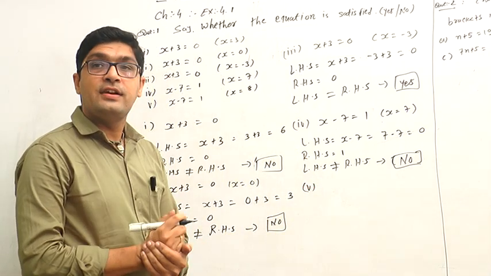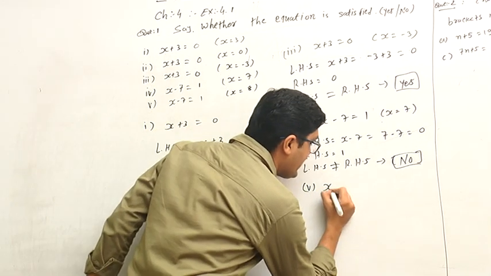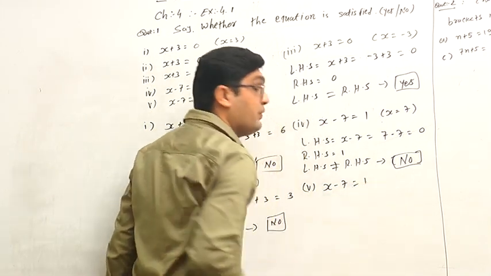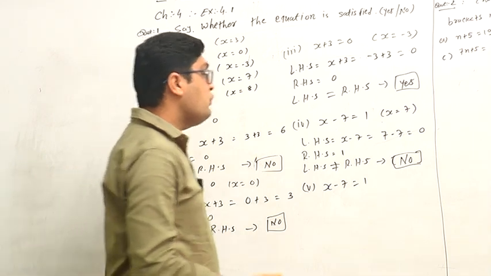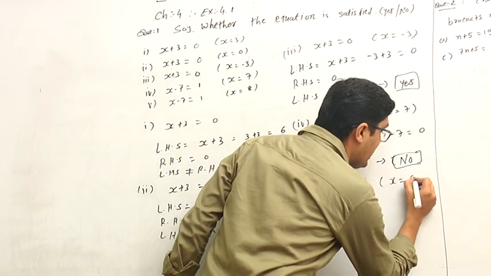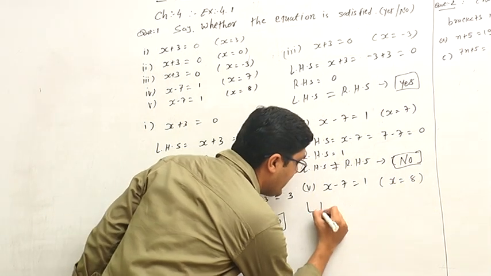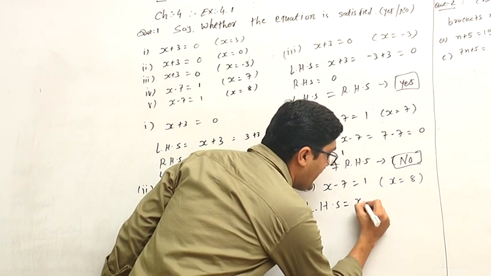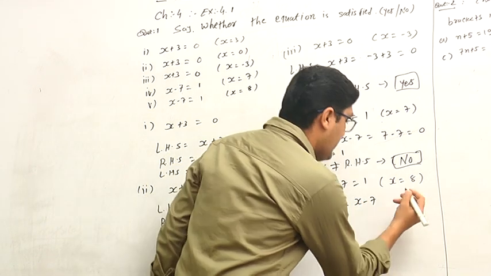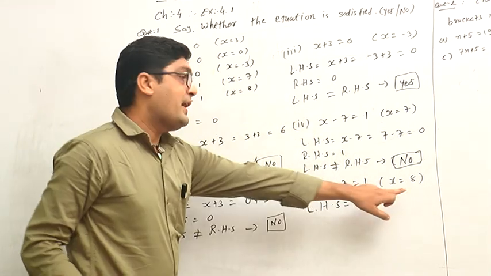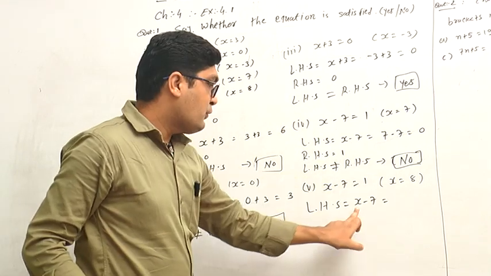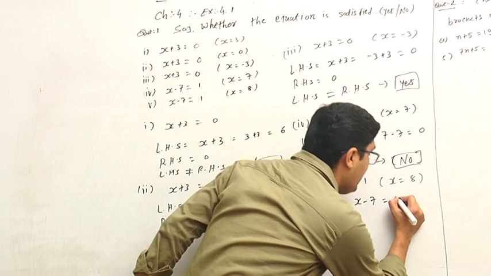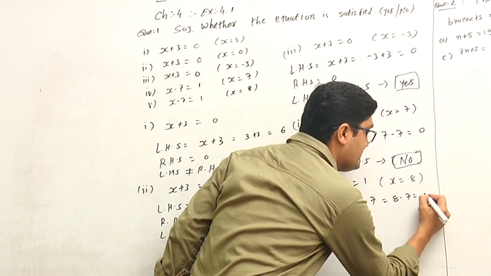What is our fifth question? x minus 7 is equal to 1. And what value do we have to put here? x is equal to 8. So let's start. LHS is equal to x minus 7 and the value of x is 8. So 8 minus 7 is equal to 1.